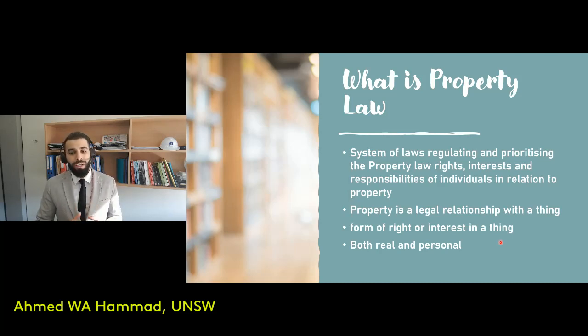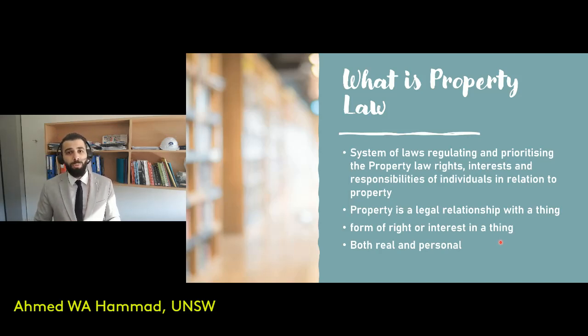Property is defined as a legal relationship with a thing, and so property law is concerned with the formation of rights or interests with that thing. So your property can be real, so real estate, for instance, your land, your buildings, or it can be personal. And personal can then have further two classifications.